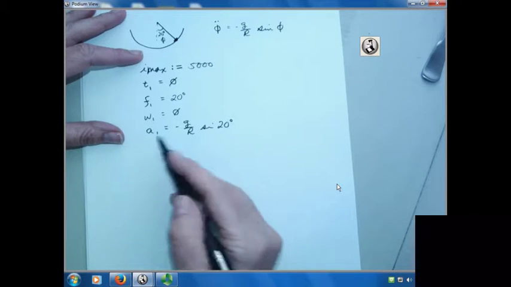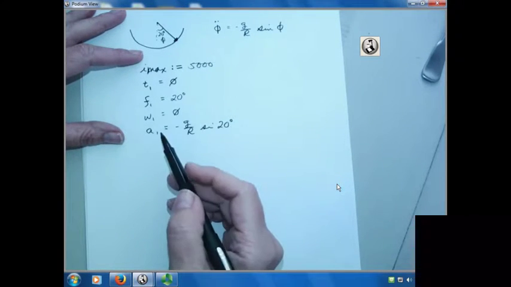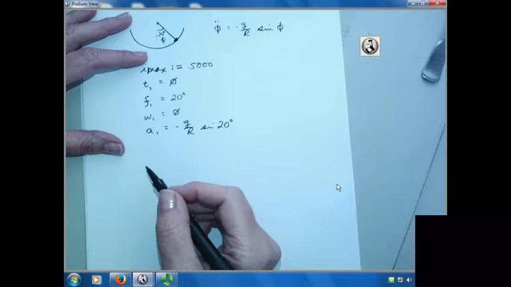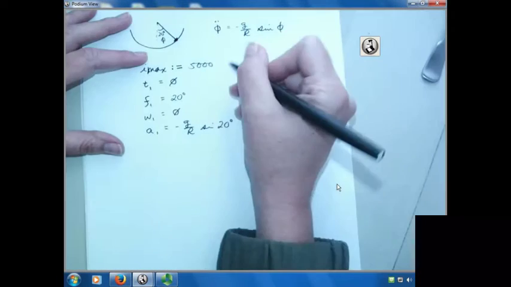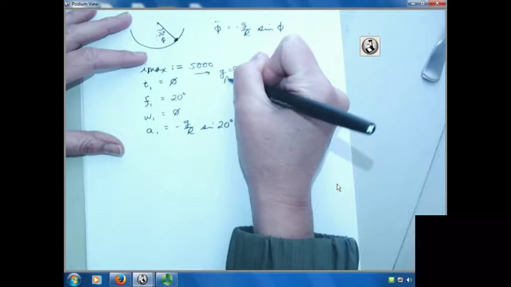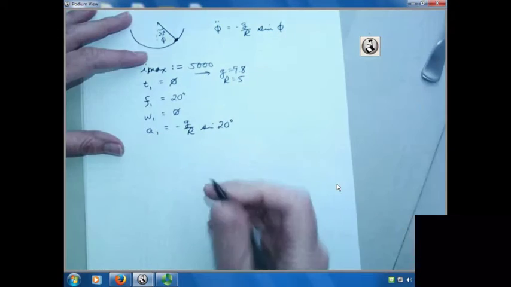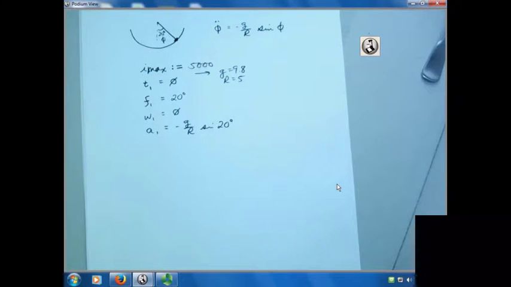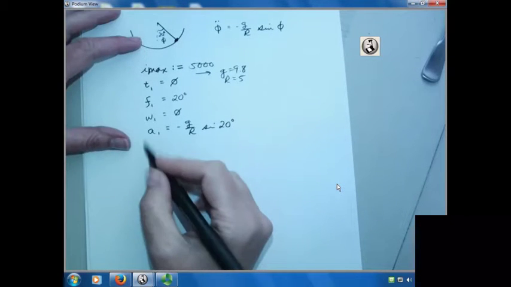So we filled in the first element of 4 matrices. And by the way, before then, I probably should have let G equal 9.8 and R equal 5, or whatever it's supposed to be equal to. Okay.